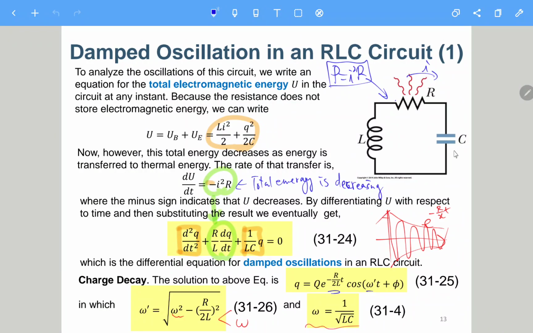This one is still RLC in series, the order doesn't matter, but here we don't have any source, neither AC source nor DC source. We just assume there is some energy stored in this circuit, so it will start to oscillate. Since we have a resistance, the energy will be lost there, so you can see the amplitude will be attenuating.